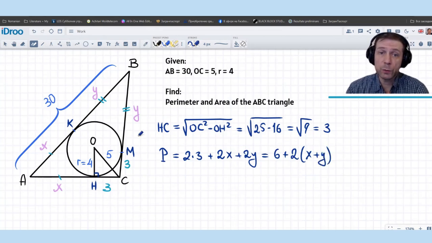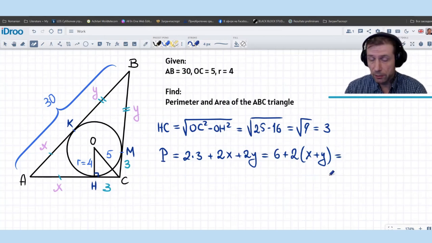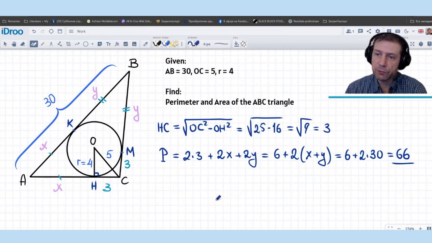But wait a minute, we do know that AB is 30, so x plus y is 30. Even though we do not know each single piece yet, we can say that x plus y is 30, and we can find the perimeter. 6 plus 2 times 30 gives us 66. Okay, sounds great. We do know the perimeter now.